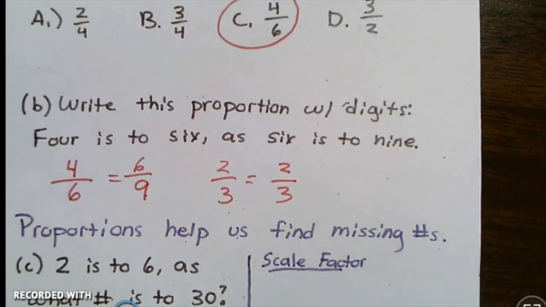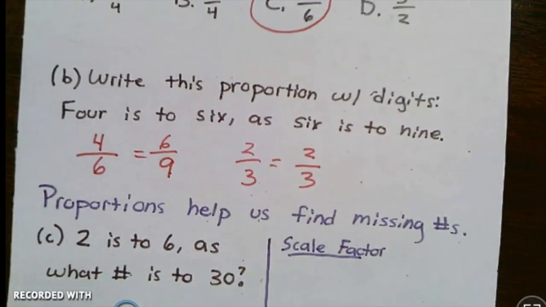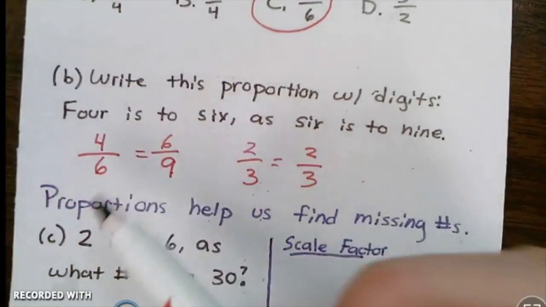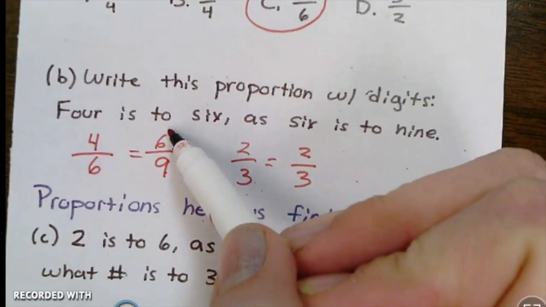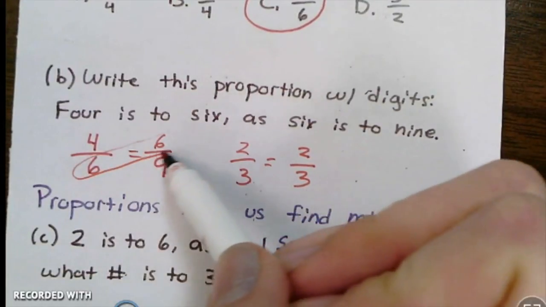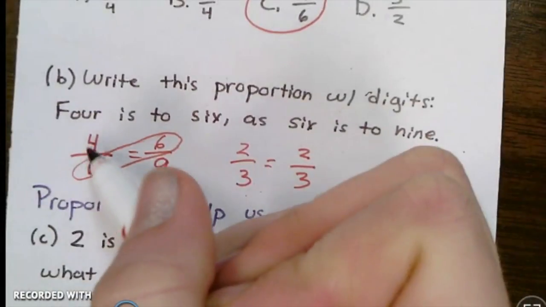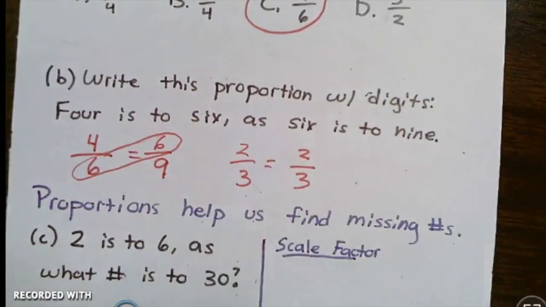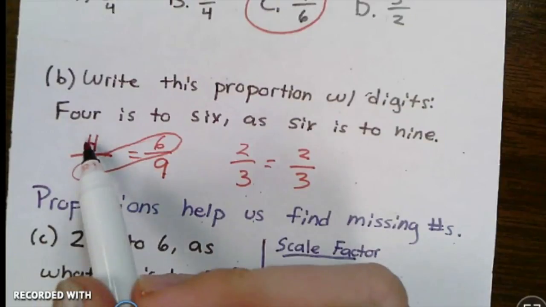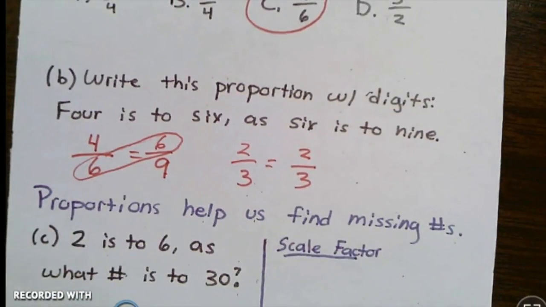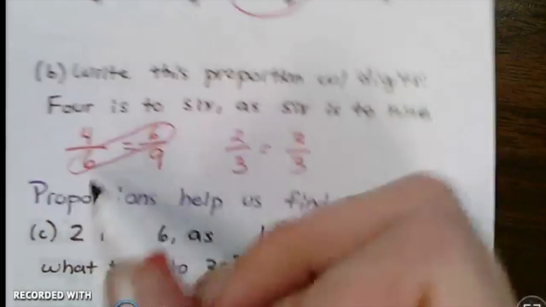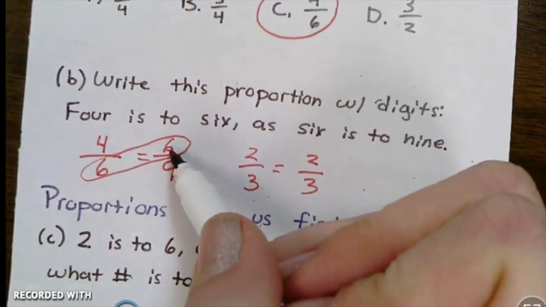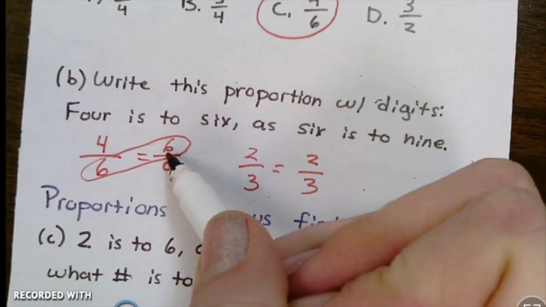But the other way that we can know that it's a proportion is to do what I showed you in class the other day, which is to multiply across. So I'm going to multiply this way, and then I'm going to divide by either this number or this number. And if I get the other one, then it's a proportion. And if I get a different number, then it's not. So for example, if I do 6 times 6, that's 36.